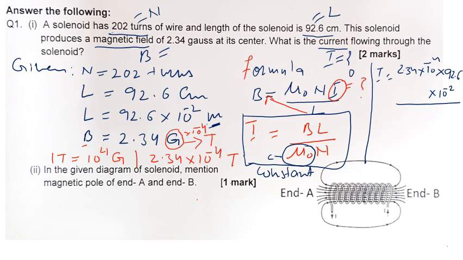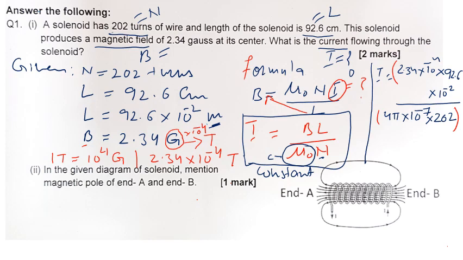The value of the mu naught is 4 pi into 10 to the power minus 7, multiplied by the total number of turns, 202. Whenever you are solving in your calculator, always use the bracket.